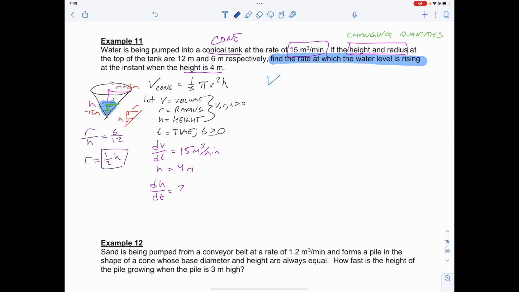If my volume is equal to 1/3 pi r squared h, and we know that r is always going to be 1/2 of h, then the volume is going to equal 1/3 pi times 1/2 of h squared times h. Or the volume is going to equal, when I square that out, pi over 12, and then h squared and h is going to be h cubed.